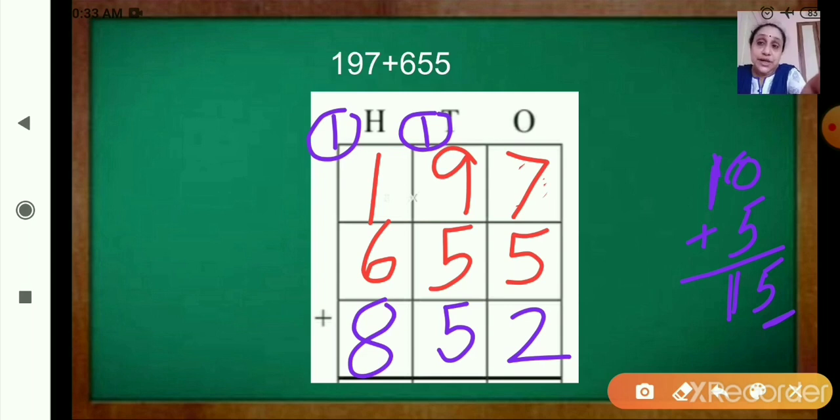And if you forget to add the carried over numbers, it will be wrong. So by adding these two numbers, 197 plus 655, we got the total 852. Okay, done. Shall we move to the next?